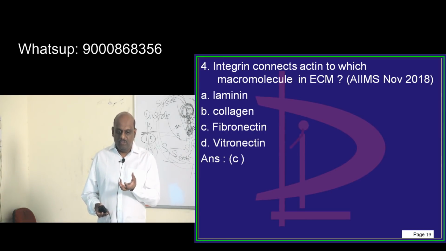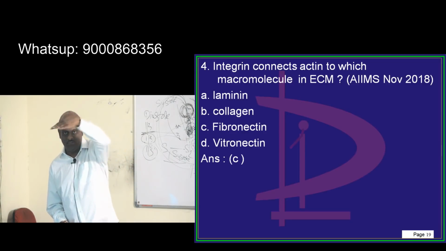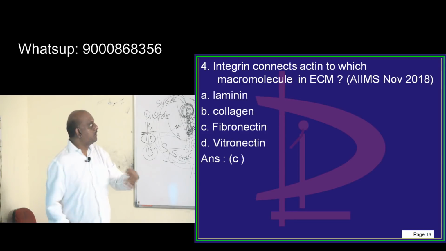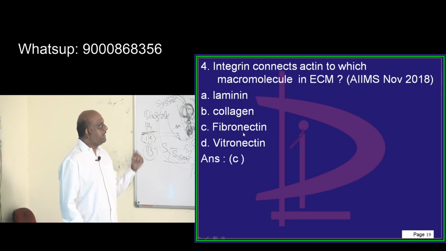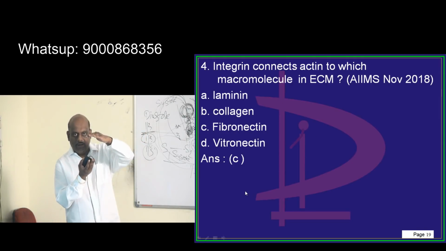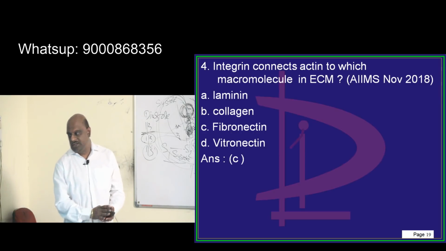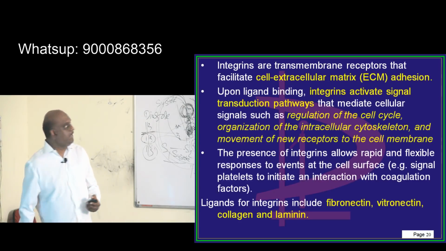Actin, then this fibronectin, and you have the collagen that is there. So that is how integrin connects actin through the fibronectin, ultimately to the collagen in the extracellular matrix. That is what you need to basically appreciate.